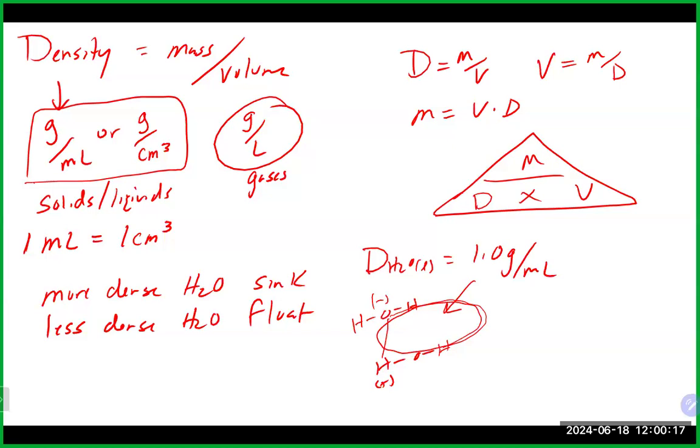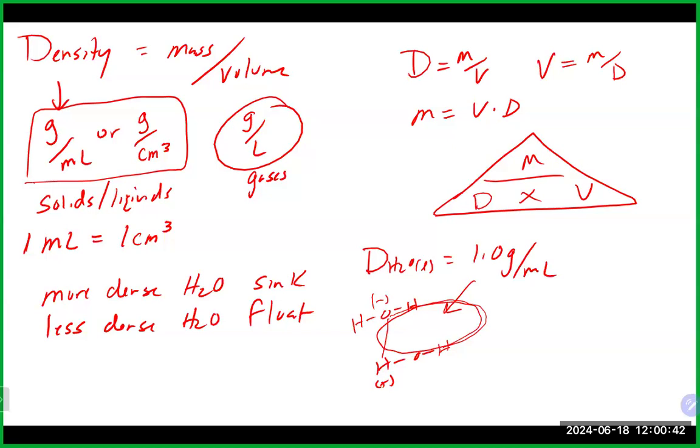And since density is mass over volume, volume will be larger on the bottom, giving you a smaller density value. In the liquid form, water has a little bit more energy, so the water molecules are able to get in closer to each other. It doesn't create as big of an open space between them. That's why liquid water has a higher density than ice, and that's why ice floats in water.